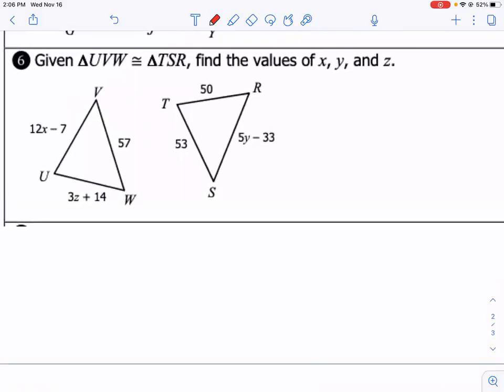Okay, I want to skip to number 6. What is going on, Ben?